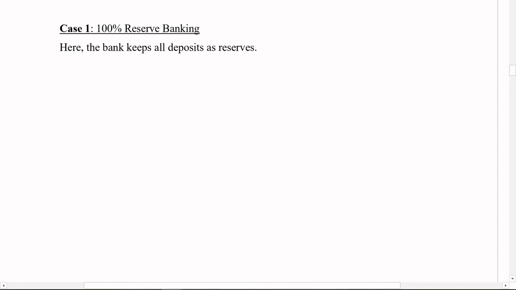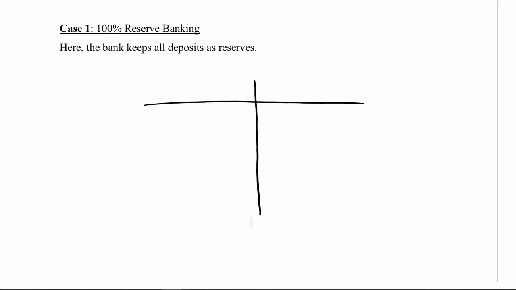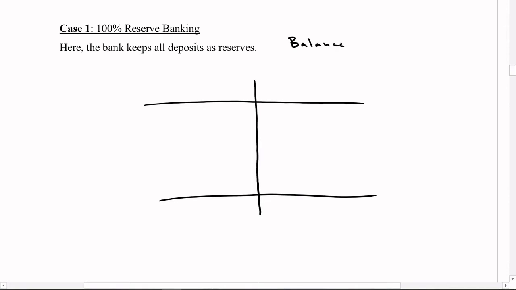And if you've had your accounting classes before, you should be very familiar with the T-table. If you've not had accounting class, you're going to get a crash course. We can generally think about a balance. Here we have essentially a small balance sheet. And we've got assets on one side and liabilities on the other.